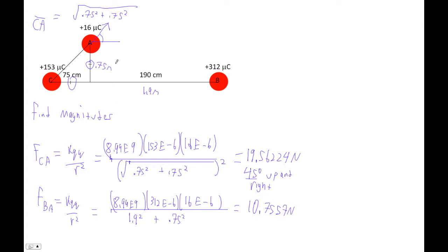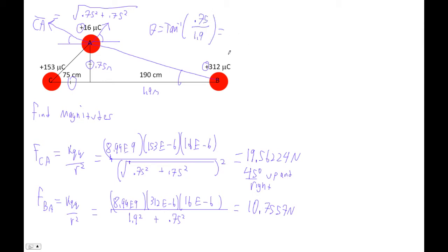And then, this is tough. Notice that this is a positive charge. They're all positive charges, so they're all repelling, right? So that force is this way. That angle there is the same as this angle, and that angle is tan minus 1 of 0.75 over 1.9.